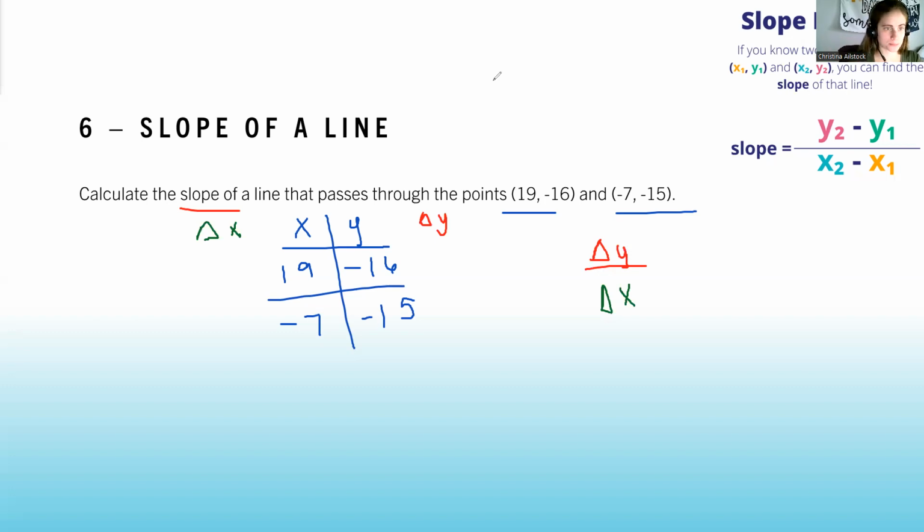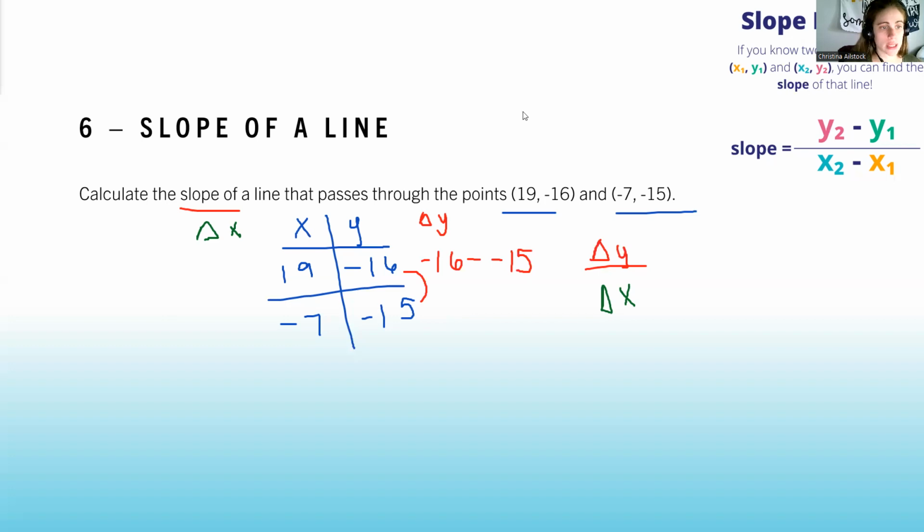Same goes here. So we're going to start with our y value. It doesn't matter the order as long as it's the same. So I'm just going to go top to bottom. We're going to take negative 16 and subtract from that our negative 15. Always make sure you write it out when negatives are involved. This will help limit mistakes. So we have negative 16 minus a negative 15.